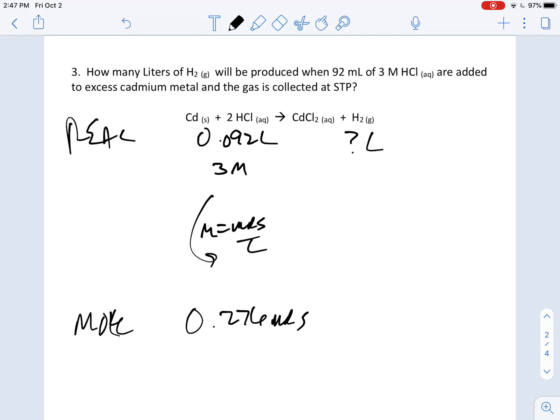So you put all that together, and then you got to go across town. Again, you're starting here at a 2, and you want to get over here to a 1. So you're going to go by a half, a 1 divided by 2. So that's going to get you about 0.138 moles here.